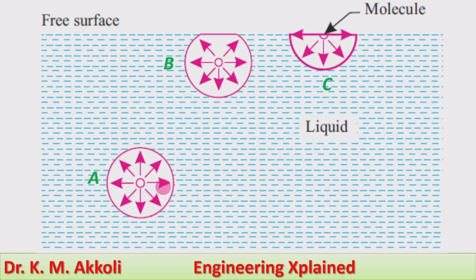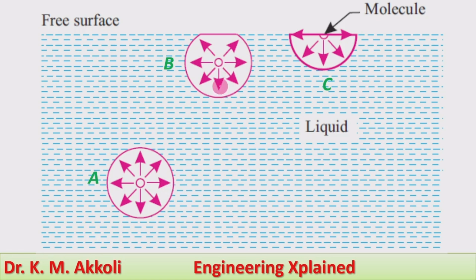The force on molecule A is equally attracted by all the molecules surrounding it, so the resultant net force will be 0, and therefore this molecule will not experience any force.